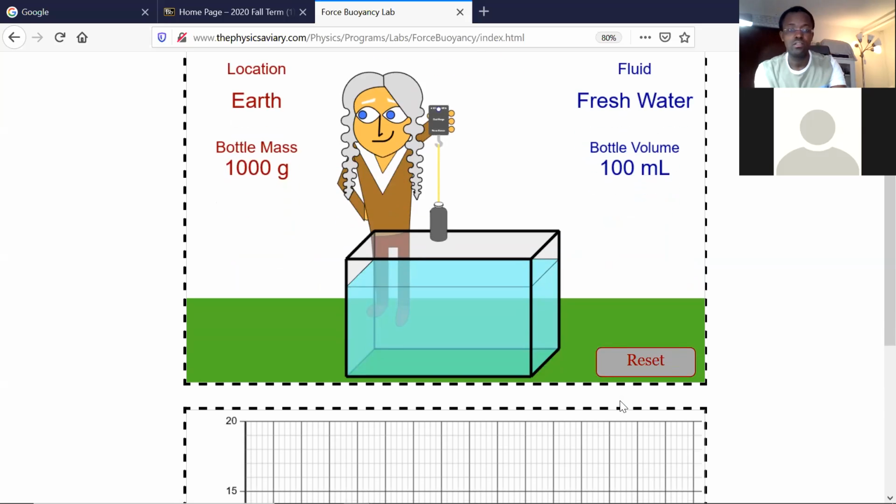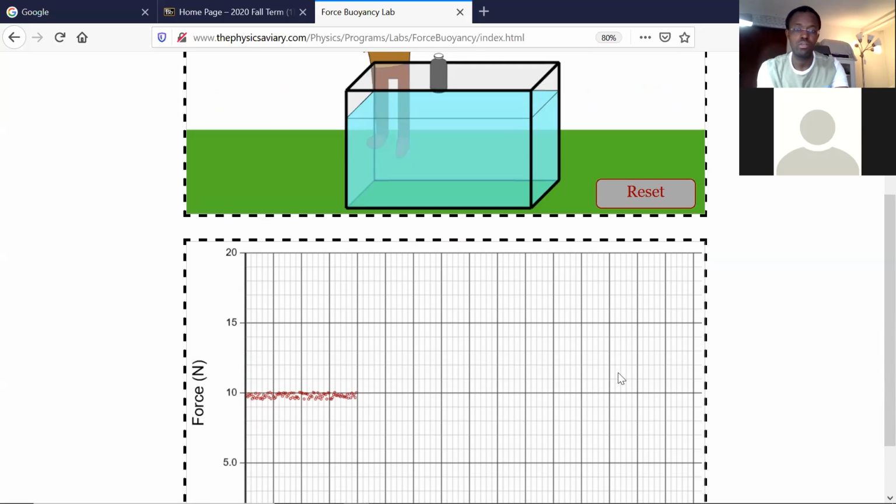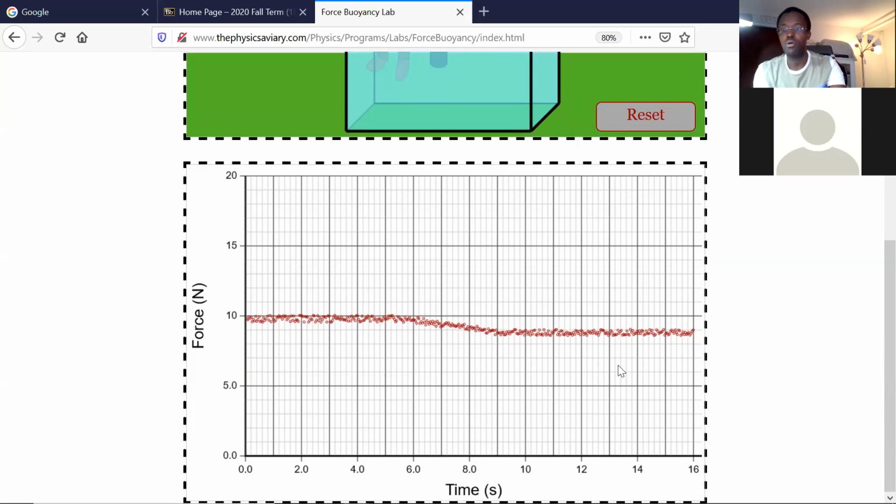Okay, so we get current weight decreases about going into the water. All right, somebody to interpret this graph.